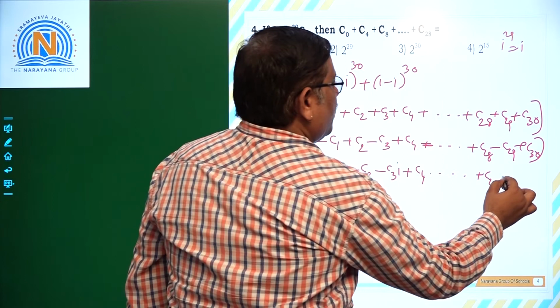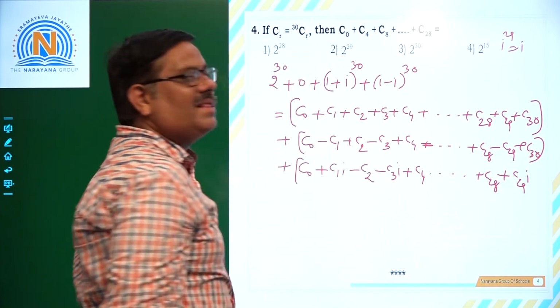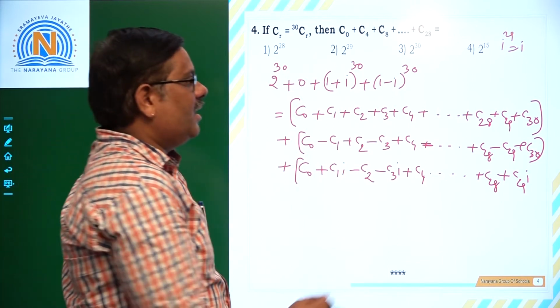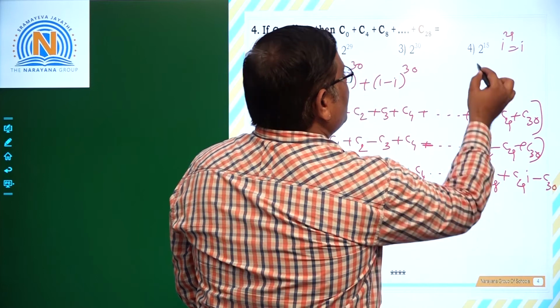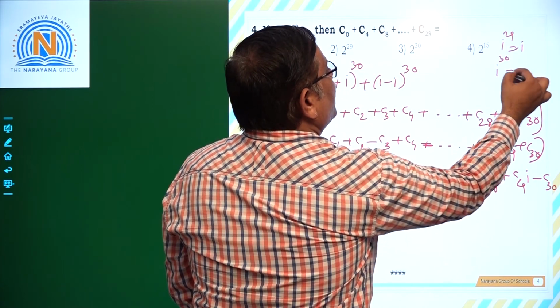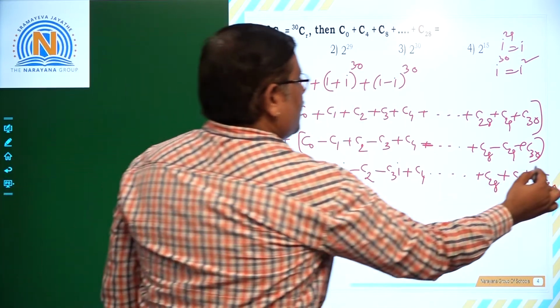So plus C29i. Next, we have minus C30. Why? Because i power 30 is nothing but i square, and i square is minus 1. So this is the third term.